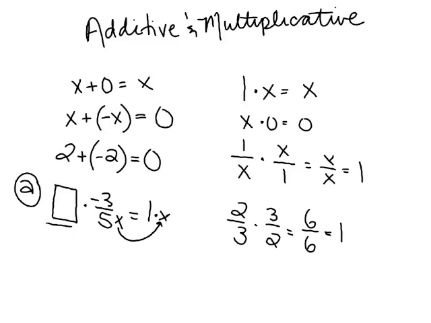My x will carry over to here, so there's my 1x taken care of, but I need this to turn into a 1. So we want the reciprocal of negative 3/5. So what's the reciprocal of negative 3/5? Negative 5/3. And then negative 5/3 times negative 3/5 turns into 1.